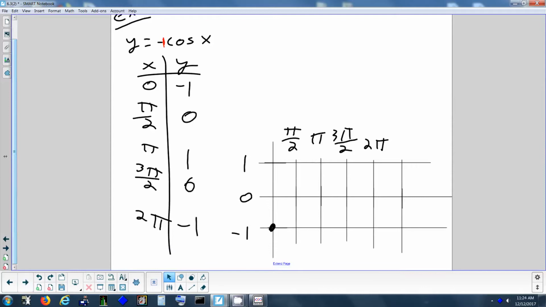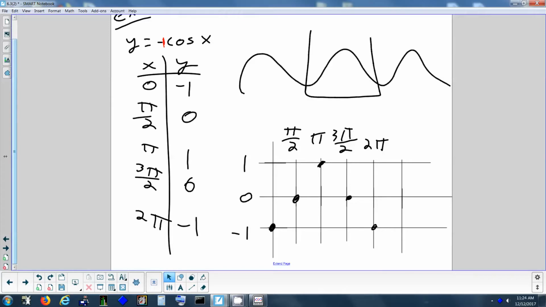And we're at negative 1, 0, 1, 0, negative 1. Remember, if you get confused, think about you're sketching something like that. It's the middle part of the wave, and it would continue on. You don't have to draw the dotted part.